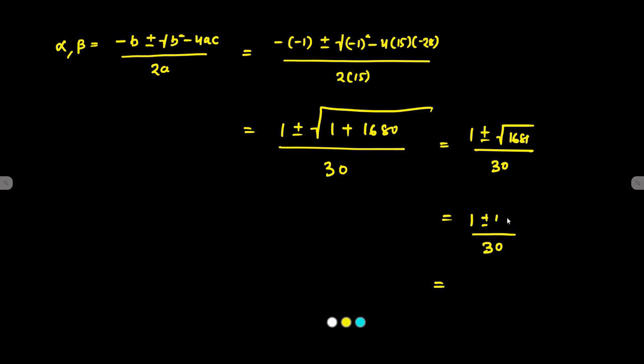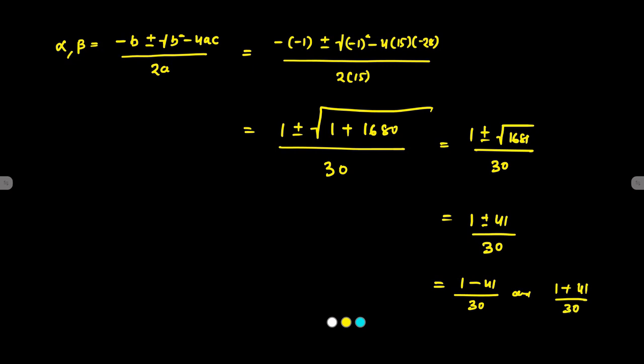So the two roots are 1 minus 41 by 30 and 1 plus 41 by 30.